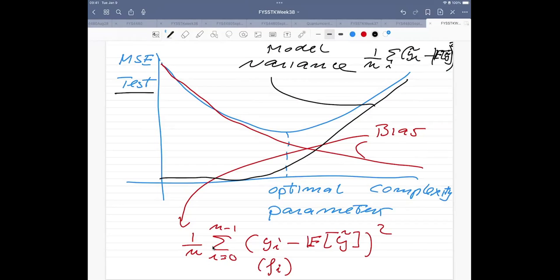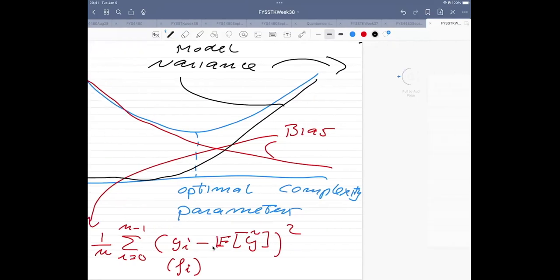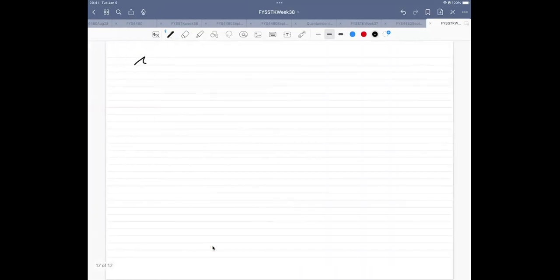Now, let me just rewrite it. Sorry. Let me just give it a little bit more space because this didn't turn out well. So I'm going to put this one on the next page. So this variance of the model is 1 divided by n, there's a sum.